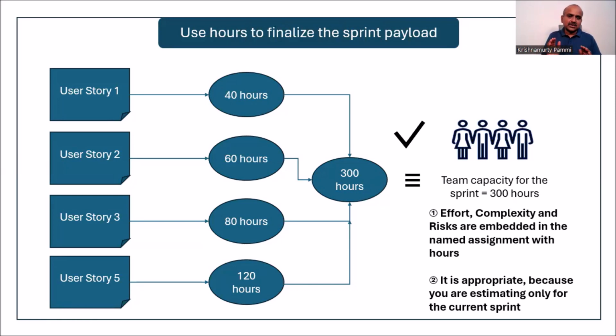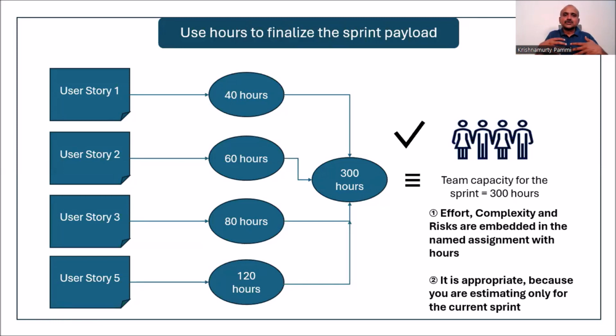But the reconciliation has to happen. Whatever hours are required to complete the user stories is the left-hand side, whatever hours are available from the team for this sprint is the right-hand side, and then you reconcile. When you reconcile, the effort, complexity, and risks are embedded in the named assignment.